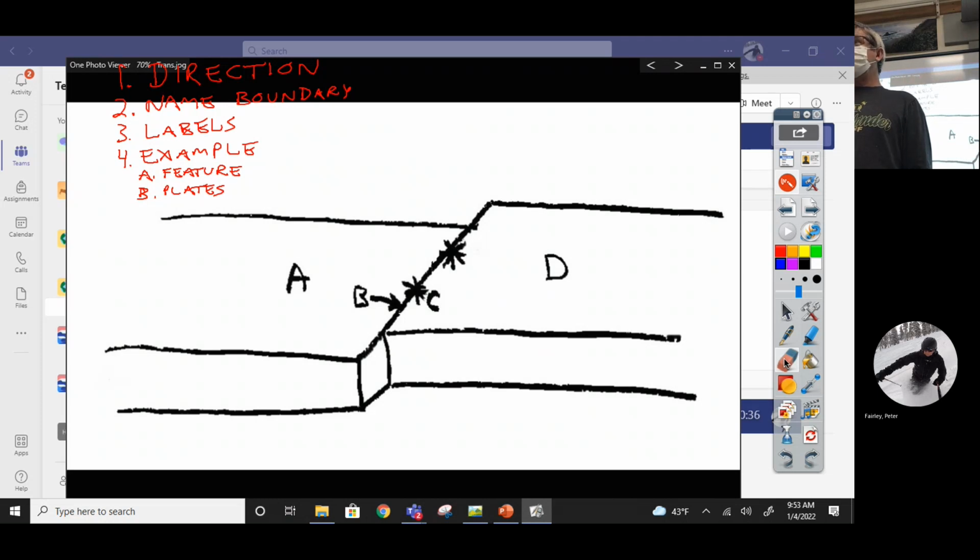Are we good? So practice with that. At this point, we're going to finish what we started on the evidence for plate tectonics.